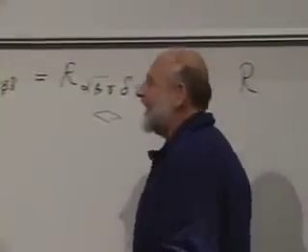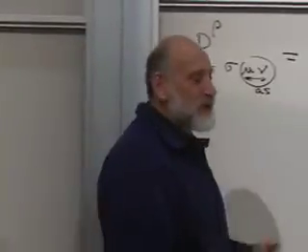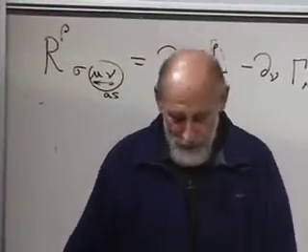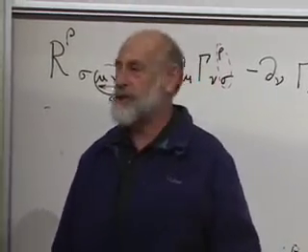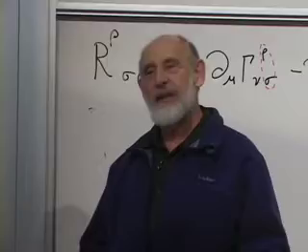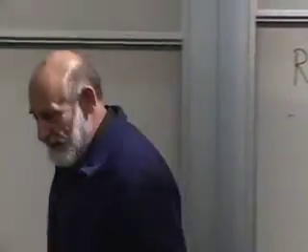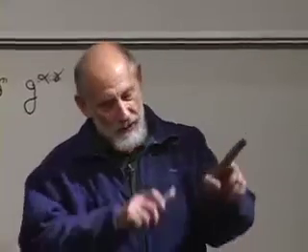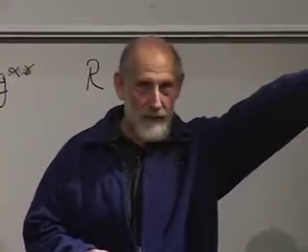No, I'll tell you. In 3 dimensions, Ricci was interested in 3-dimensional space. In 3 dimensions, the Ricci tensor and the Riemann tensor are completely equivalent to each other, and I'll tell you why. It's very simple. In 3 dimensions, a plane is in 1-to-1 correspondence with an axis.